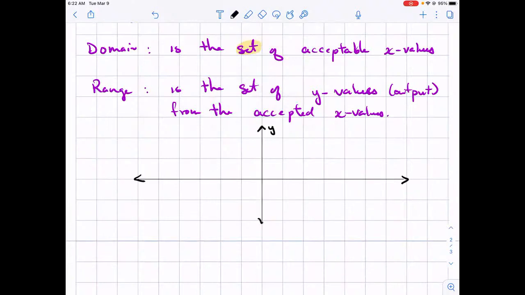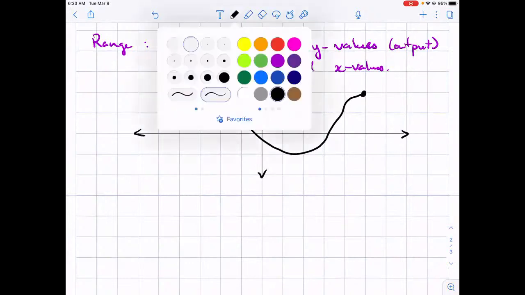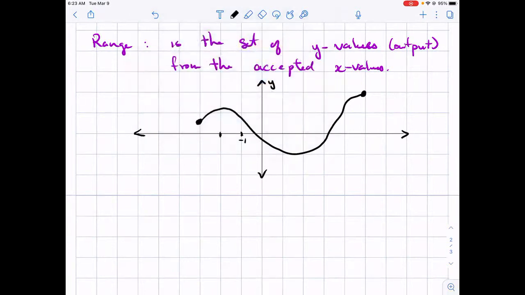So if we have a function, and let's say my function here looks like this. So that's closed, and that's also closed, okay? So in this case, the x values that we have here, and we can put some numbers in here if we want, right? -1, -2, -3. Here we have 1, 2, 3, 4, 5.